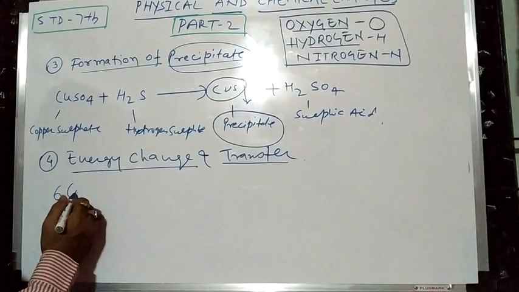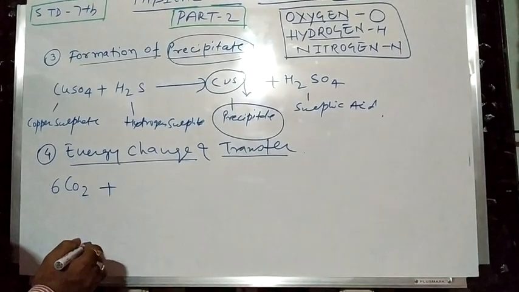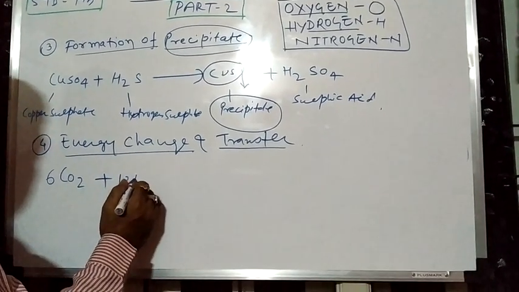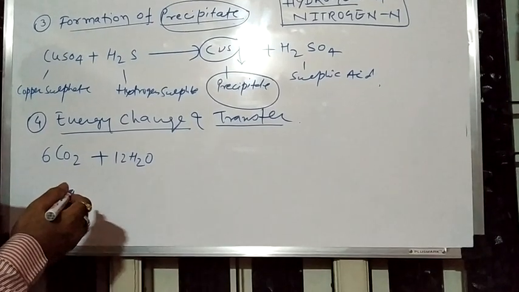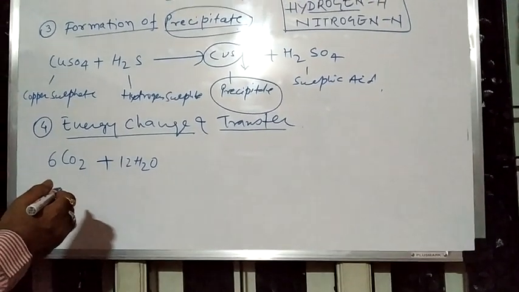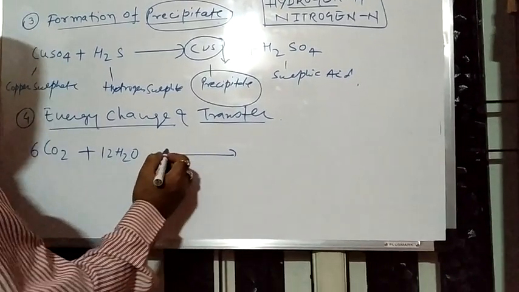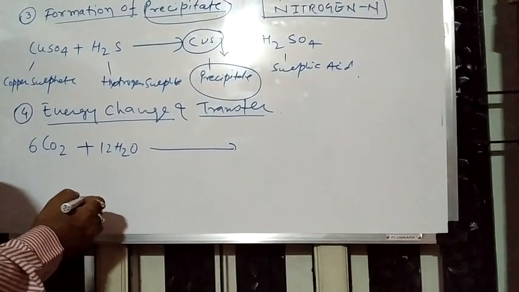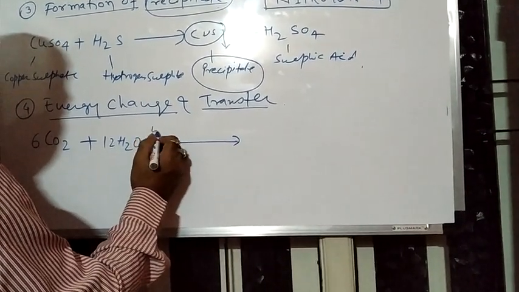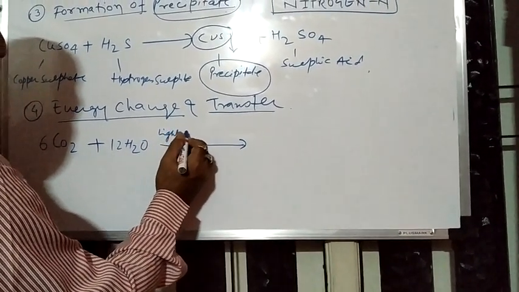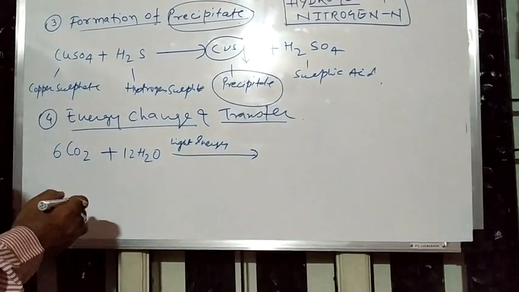This is a little bit difficult, but we need to understand. 6 CO2 plus 12 H2O, these are the molecules, right? Then there will be light energy, right?